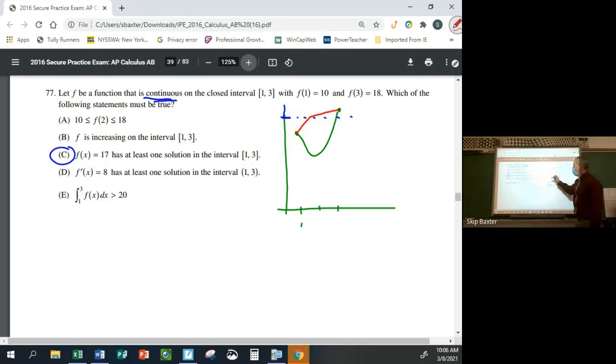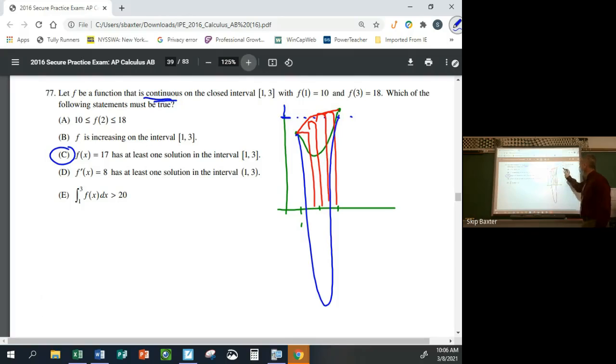Because if you know that it's 10 here and 18 there, and you're taking rectangles of varying heights, the minimum it could possibly be would be 20, for sure. Do you agree? It has to be greater than 20. Why doesn't it have to be true though? Yeah, you can have the function start here and dip, and it's not 20 anymore because you got all this negative stuff, right? So that's why.